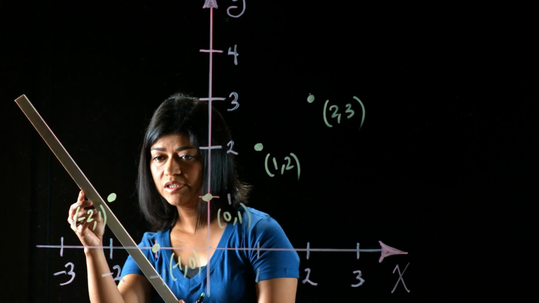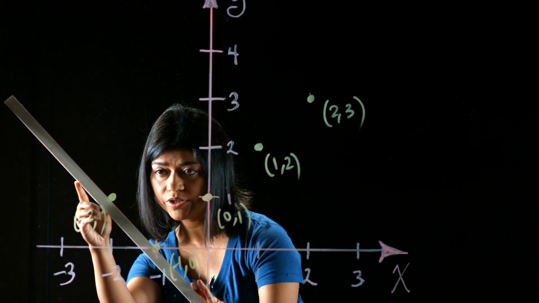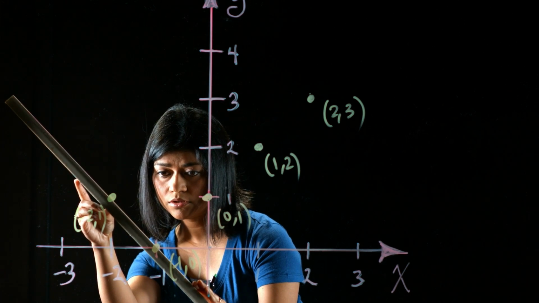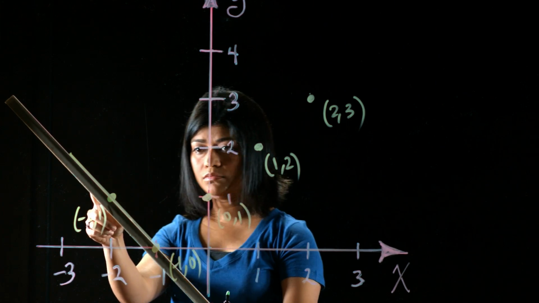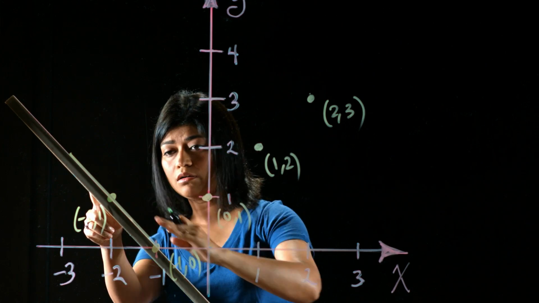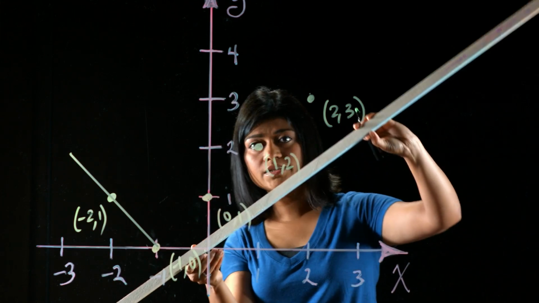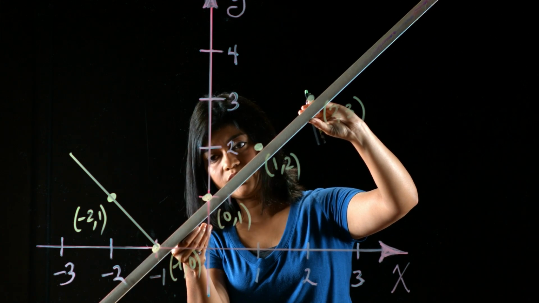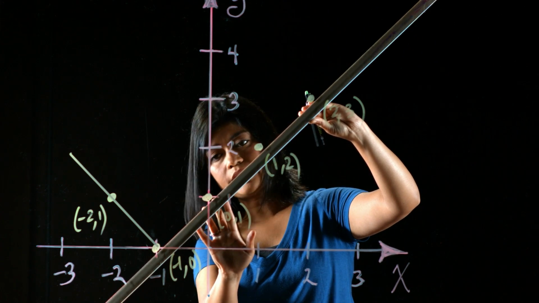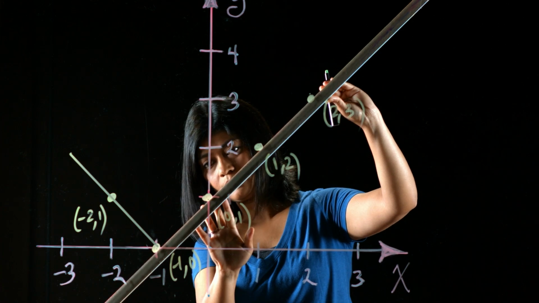So, let's see. On this side, it seems like these points are coming down, and looks like they are on a line. The right hand side also, if you notice carefully, all these points, they look like they are on a line.